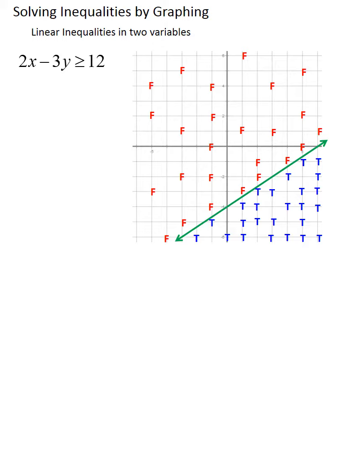So now let's turn our attention to what the final answer to this would look like, and then more importantly, how do we find this dividing line? Well, first of all, when solving an inequality of any type, we don't care what values make it false. So let's erase those.